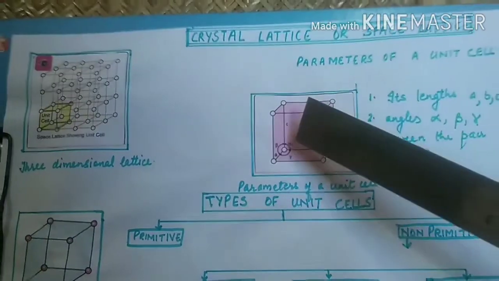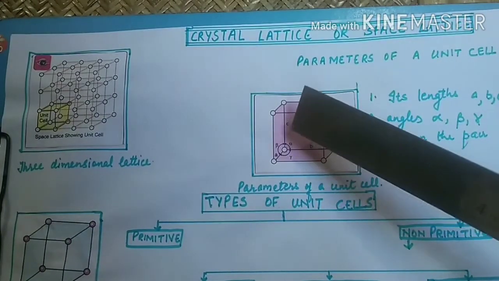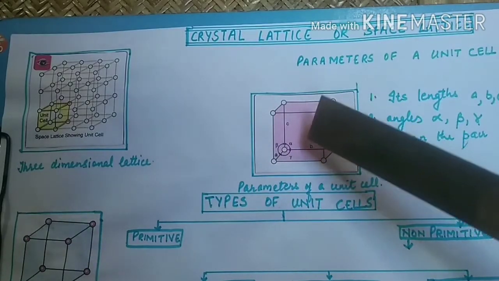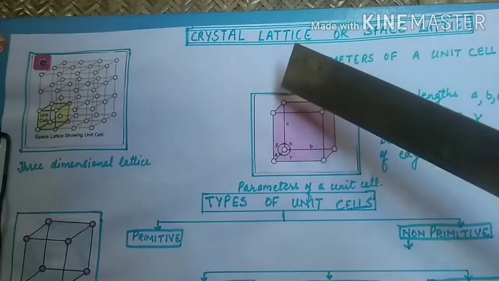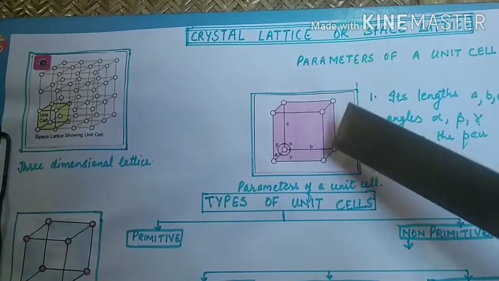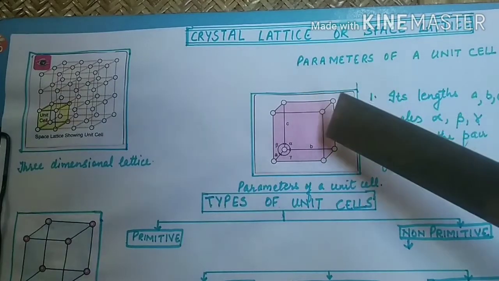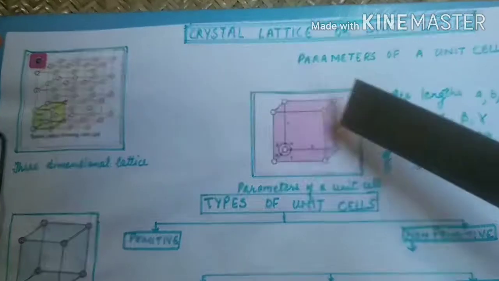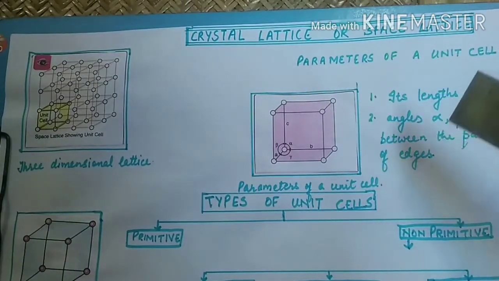And we also have 3 angles, alpha, beta and gamma between these edges. So depending upon the 3 lengths and the 3 angles, the unit cell can be of different types, and these unit cells will later form the different types of crystal systems.